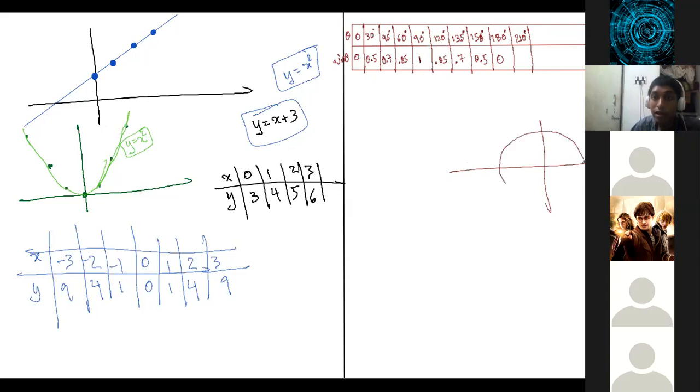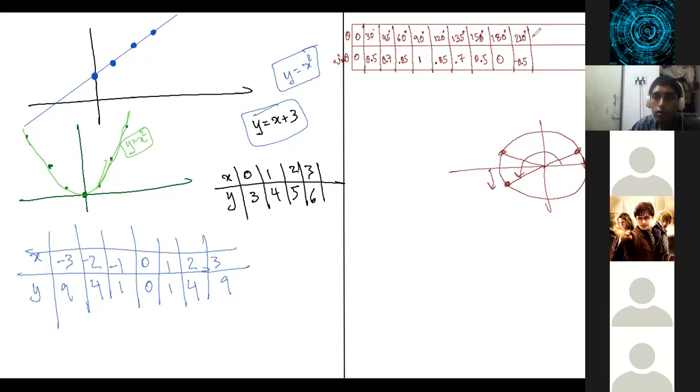Now your circle has entered the third quadrant. Sine 30 and sine 150 are fine, but for sine 210 the magnitude will be the same while the sign will change, because you're going in the negative direction. So this will be minus 0.5.